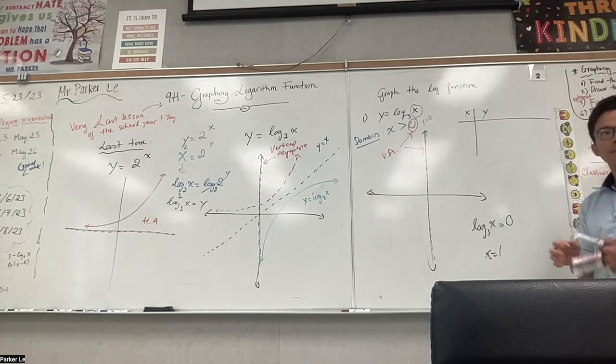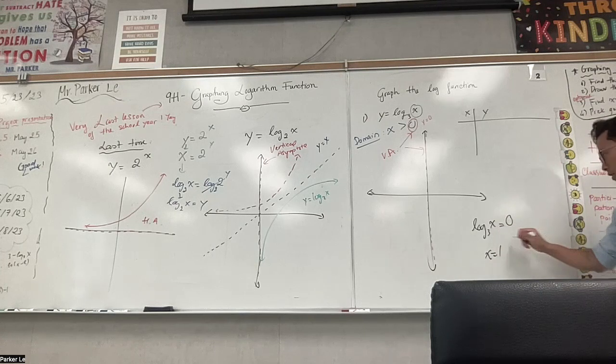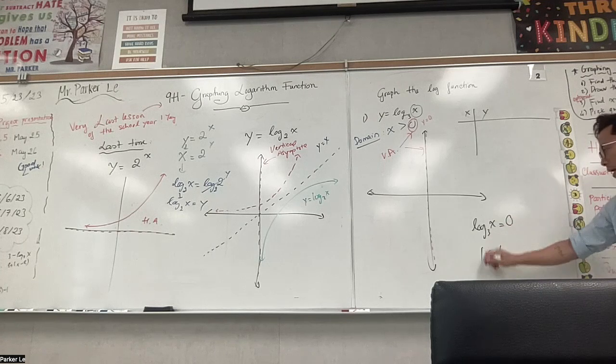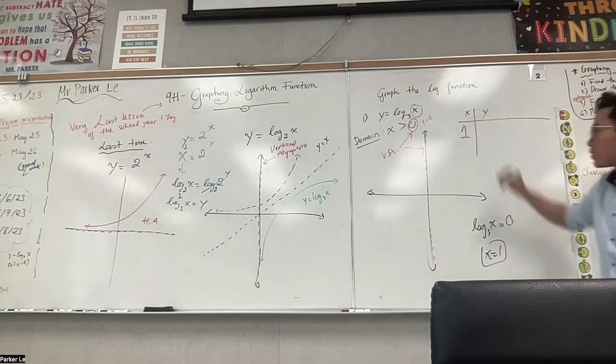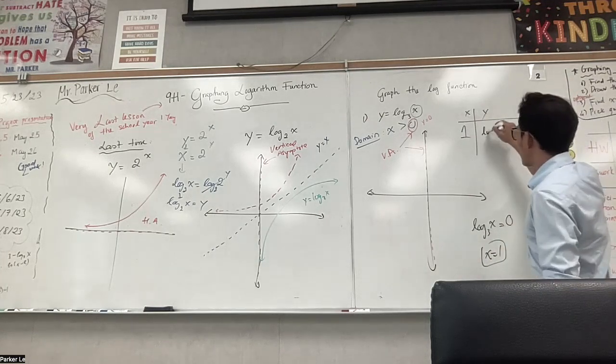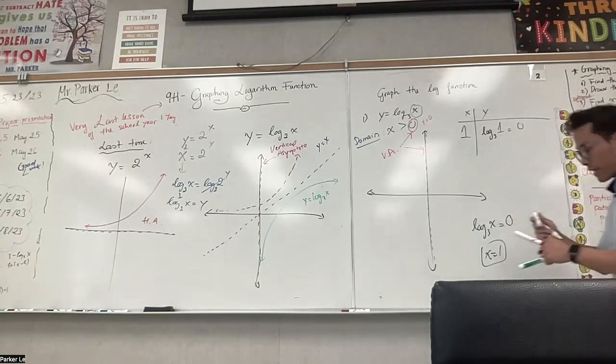Whatever is the power of 0, everything to the power 0 is 1. You want to ask yourself, 3 to power 0 is 1. So x is 1. So that is the point I'm going to choose. When x is equal to 1, log base 3 of 1 equal to 0. Yeah, that's a good point.